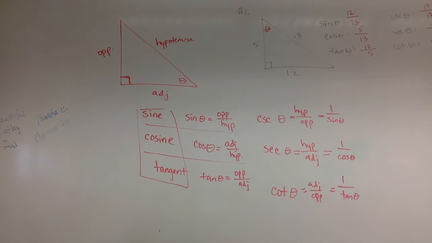So I want you to try to do number 2 with the thought in mind that you cannot have a square root in the denominator. So you're going to have to simplify further.